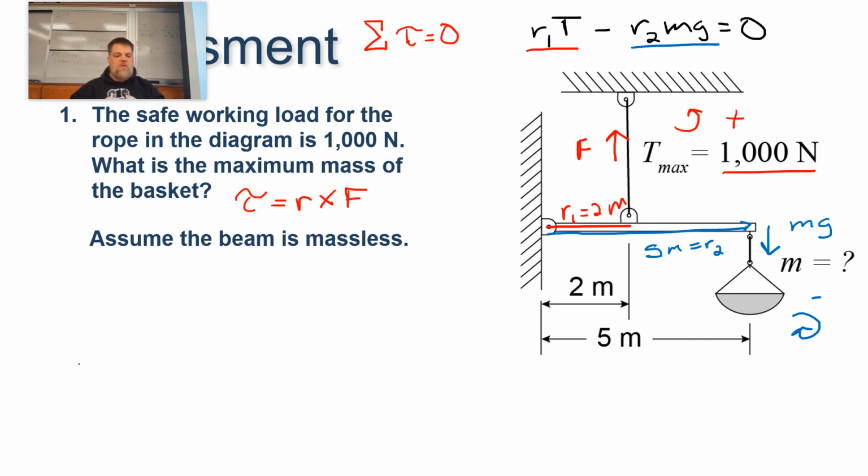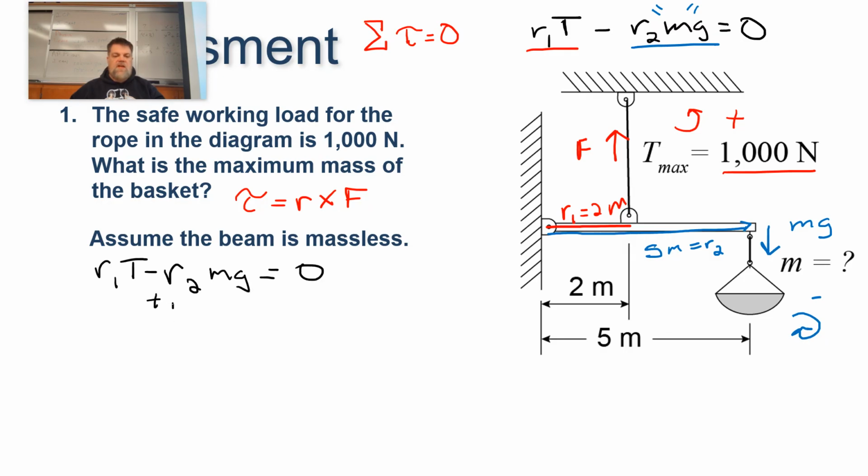So what do we do? Well, I know R1, I know the tension, I know R2, I know the acceleration due to gravity. I don't know the mass. But I could do algebra and figure this out. So I'm going to say R1 times T minus R2 times m times g is equal to 0.